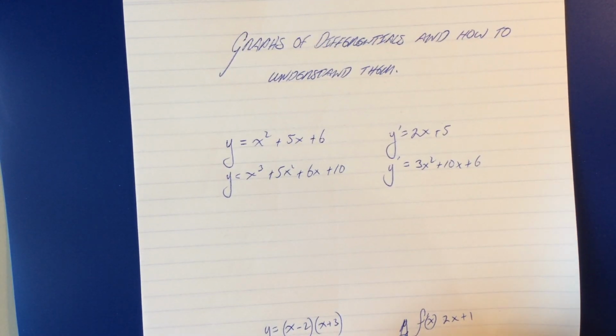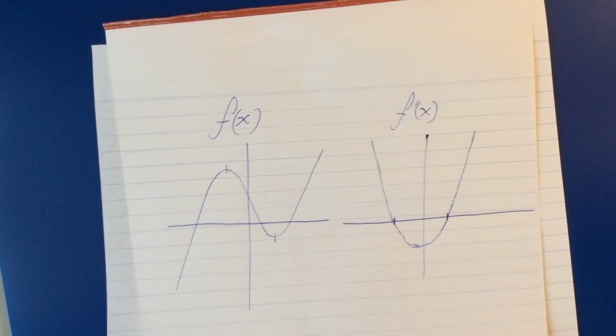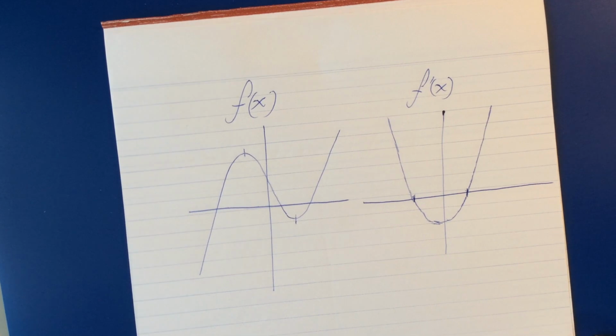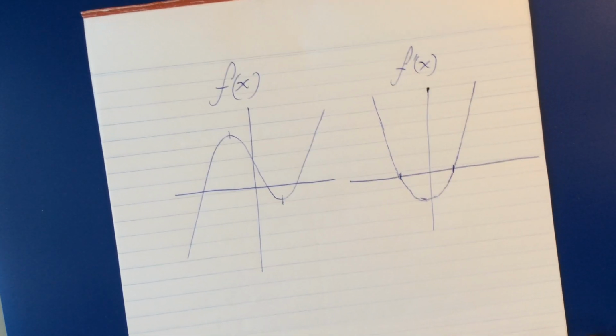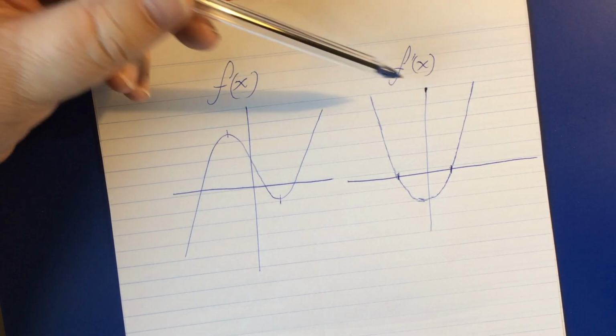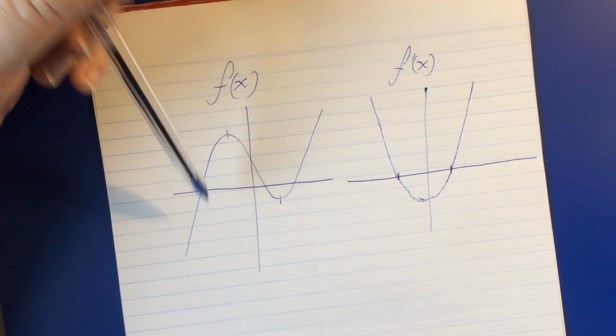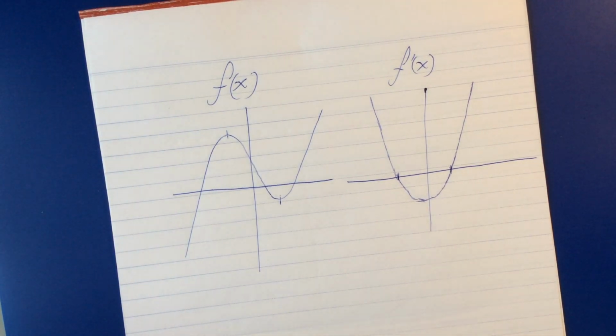And this is where it really gets to be useful and at the same time slightly confusing. I've got the graph of a cubic, which I think you can tell, and a quadratic. And I'm not going to put in too many numbers.